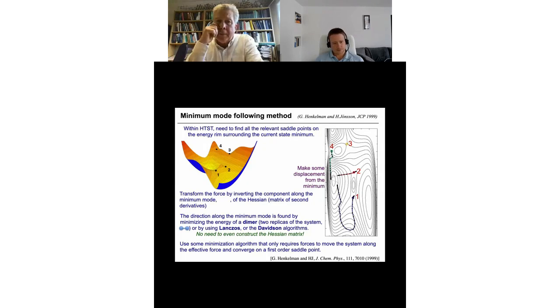The key thing, however, is that you need to make sure that the bias potential doesn't contaminate your saddle points. So the bias potential has to shut off when you get close to the saddle points.